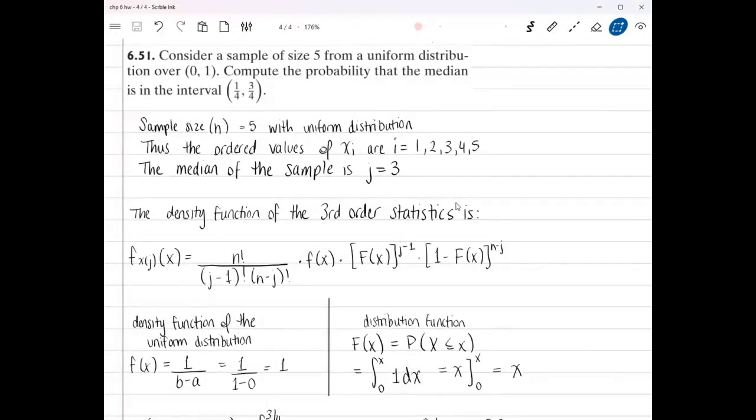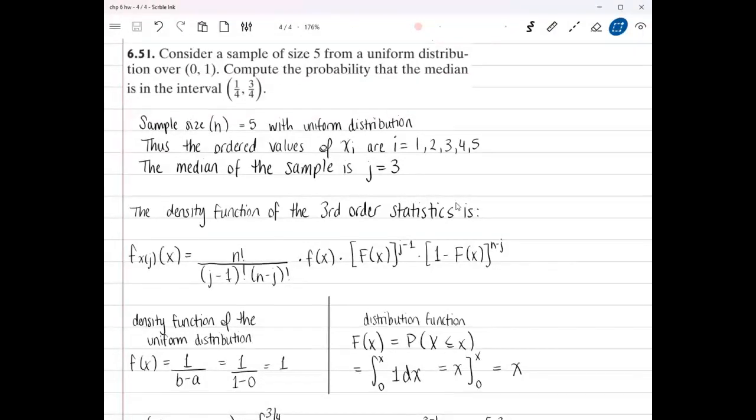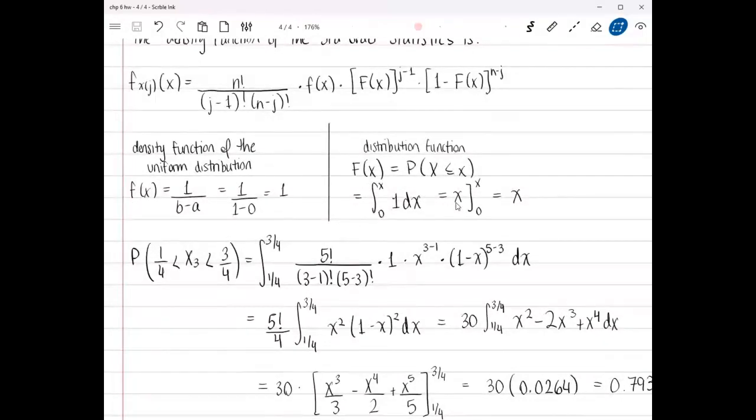From the chapter, we're given that the density function for the jth order statistic is n factorial over j minus 1 factorial times n minus j factorial, times the density function, times the distribution function to the power of j minus 1, times 1 minus the distribution function to the power of n minus j. We first need to compute the density function for the uniform distribution, and we also need to solve for the distribution function, and those just come out to 1 and x.